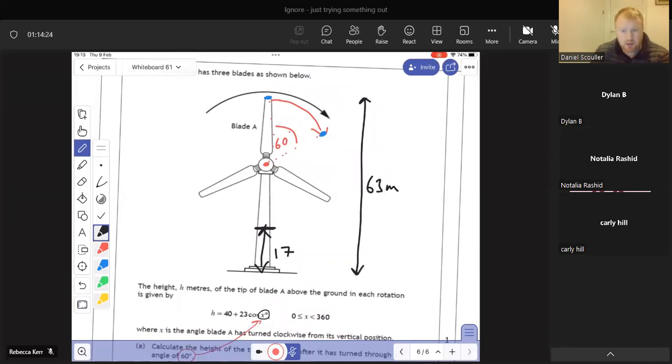And the question was asking at what point will it hit 61 meters. That blade's going to hit 61 meters at that point and at that point. So that's going to spin round. It's going to reach 61 meters twice as it rotates. That's what the two answers are.